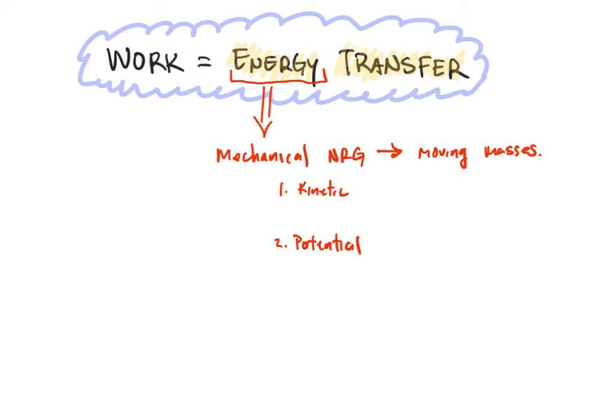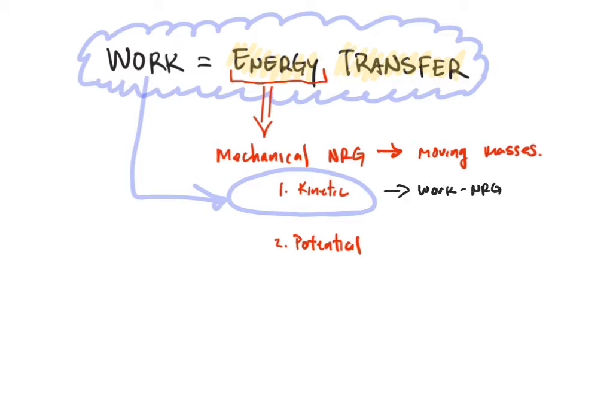And I want to hold off on potential energy. We're going to be focused in this video on kinetic energy, the relationship between work and kinetic energy. And this is something that's called the work energy theorem. So that's what we're working up to, what's known as the work energy theorem.